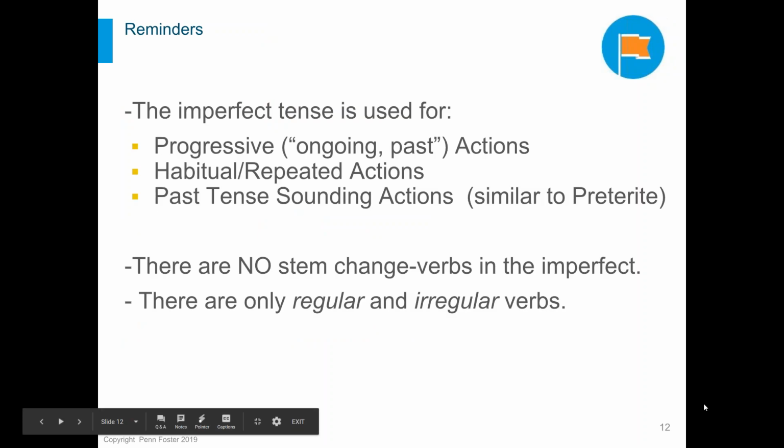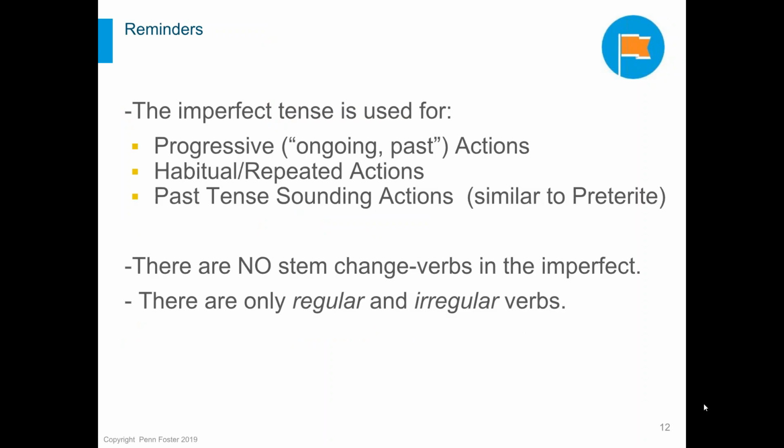Okay, to wrap up, just a few reminders. Imperfect is used for progressive actions, either ongoing or repeated habitual actions. And they can also pertain to actions that sound like the preterite. I lived there for many years, but since it was done for a long period of time, the imperfect is the required tense.